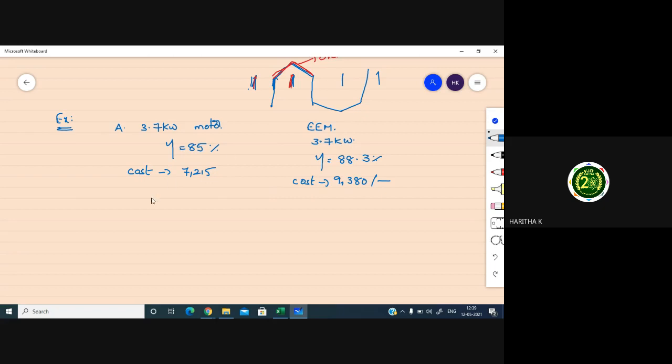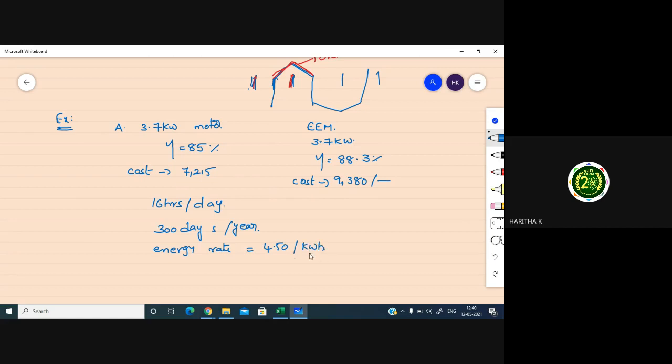Suppose I'm operating these two motors 16 hours per day. I want to compare these two motors. Will it save the energy or not? 16 hours per day and 300 days per year. And energy rate, that means the cost or the money we are paying per 1 unit, is 4.50 per kilowatt hour.